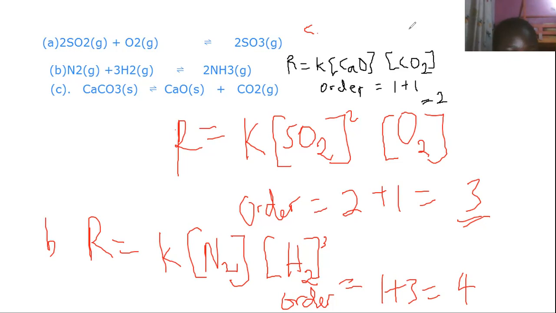That's quite good. But there's a UME question from 1999 that I would like us to just solve. I can see that very clearly. Okay, on reaction order.